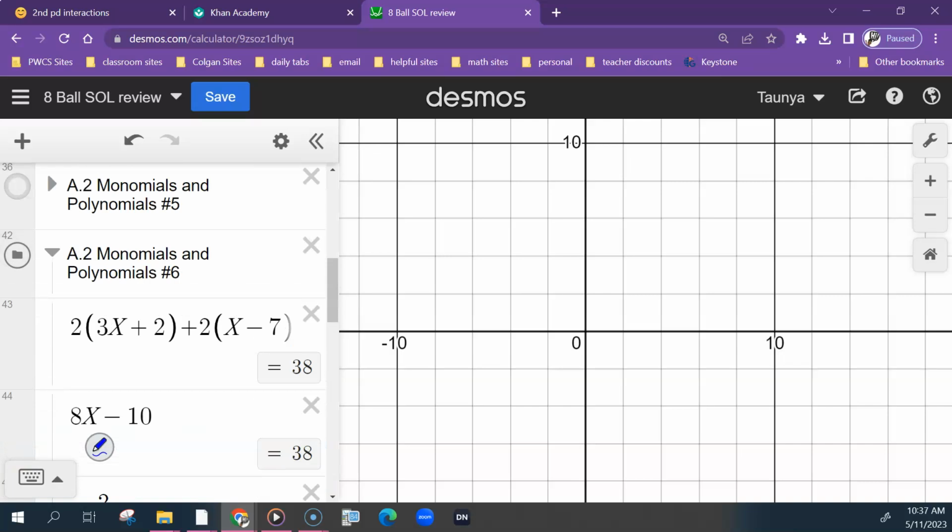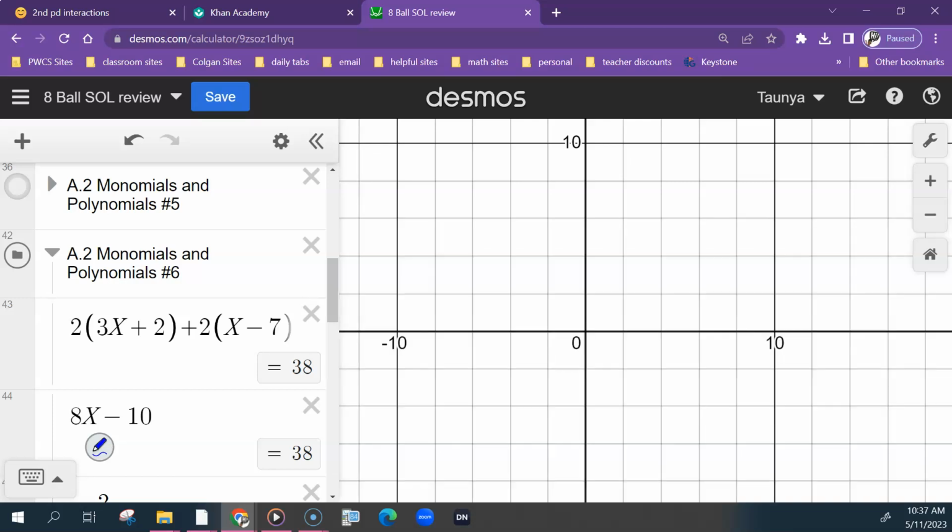And then 6. The issue I kept seeing with 6 is that I think you guys were confusing or didn't read the words that said perimeter, not area. So some of you were multiplying instead of thinking about the formula for perimeter. So 2 times the length plus 2 times the width, or adding everything all together twice.